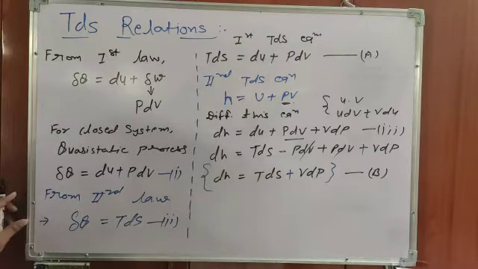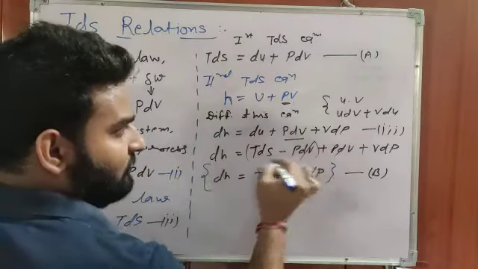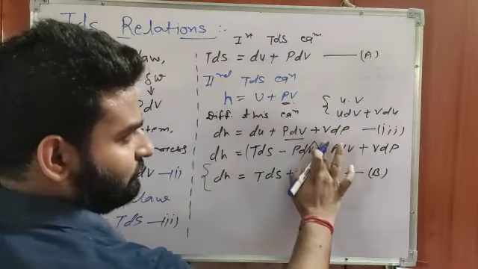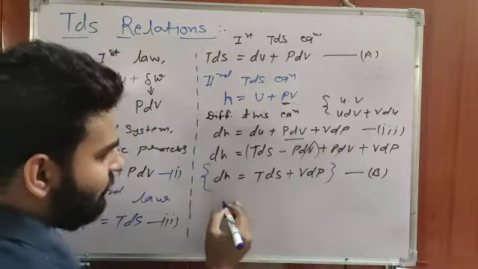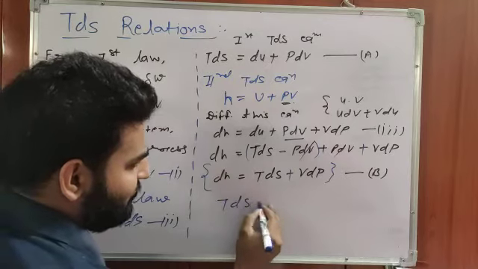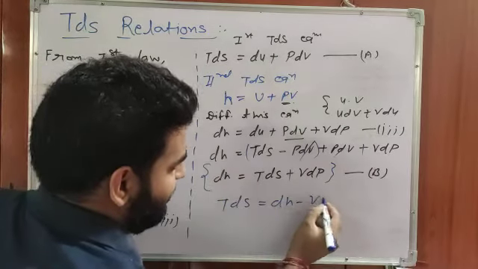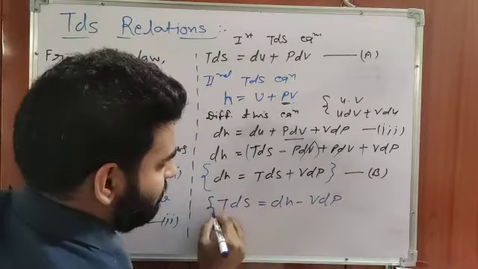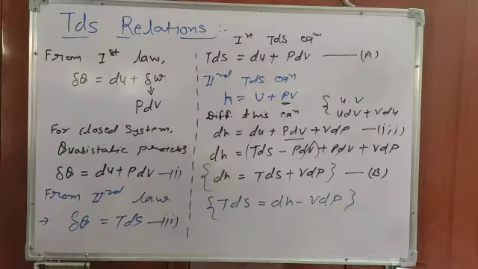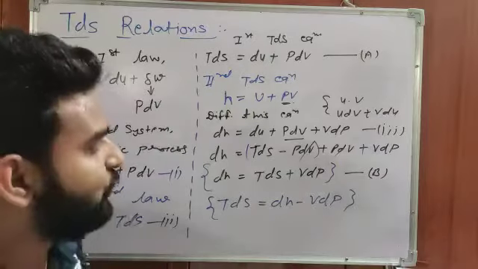This is the second TdS equation. Now we can write TdS is equal to dH minus V dP. These are the two TdS equations.